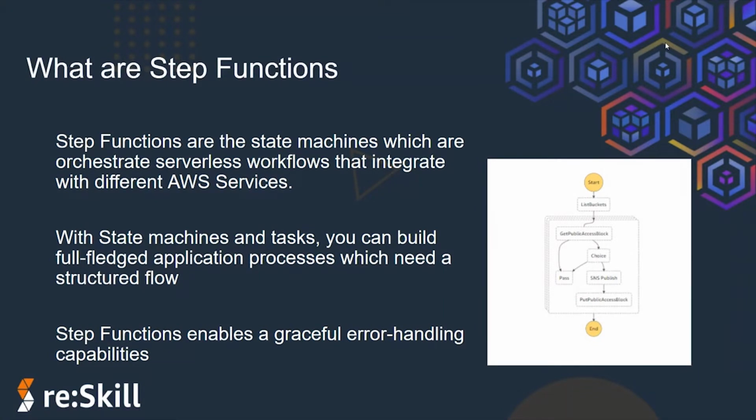With state machines and tasks, you can build full-fledged applications, and there is a lot of error handling available, which enables you to ensure that the state machine gracefully ends the execution and does not hang up in the middle of the execution.